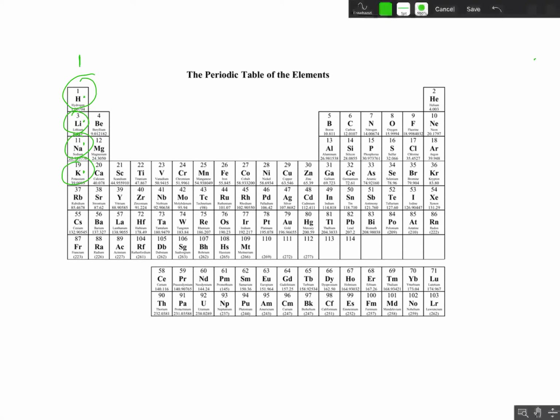Remember, the last digit in the group number for the main group elements tells us how many valence electrons they have. So if I asked you about rubidium, cesium, or francium, you would tell me that their dot pictures would all have one dot. All right, let's look at the next ones.